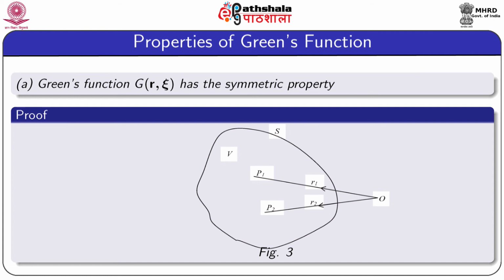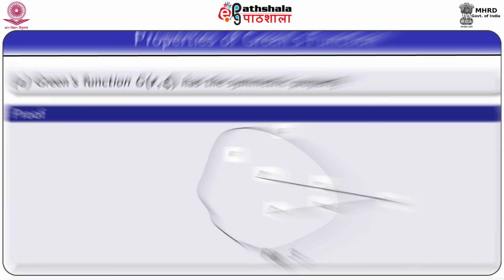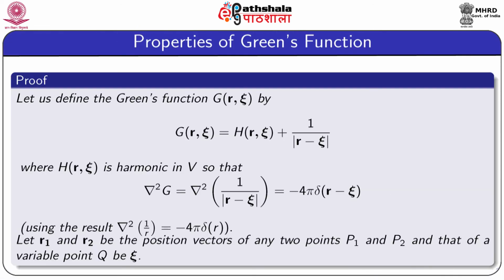Now, to prove this property, we assume that the Green's function G has the form G equals h plus 1 divided by mod r minus xi, where h is harmonic in V. Therefore, Laplacian of G equals Laplacian of 1 divided by mod r minus xi, and its value is minus 4 pi delta(r minus xi).